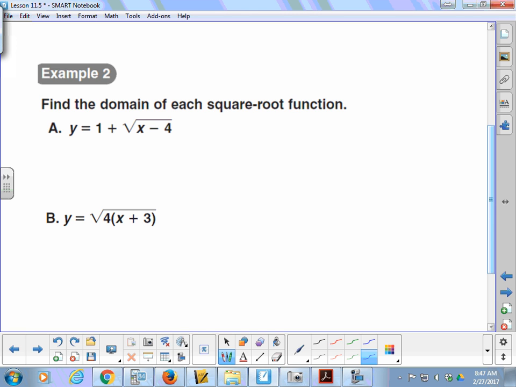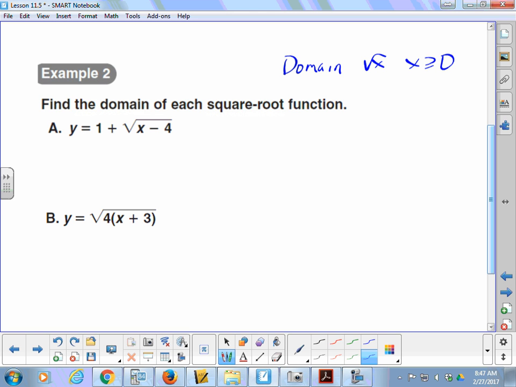Finding the domain of each square root function. We know the domain has always got to be positive. Now, we could graph these and find them, but let's take a look at what happens if we're not going to graph them. We know that the domain for square root of x is x greater than or equal to 0. We can't take the square root of a negative number.